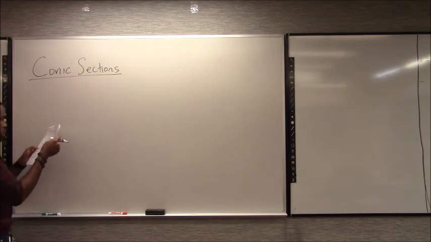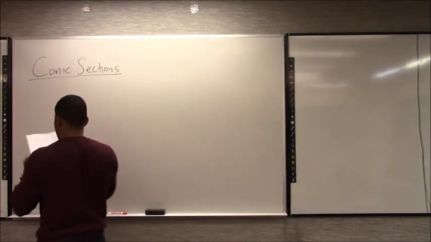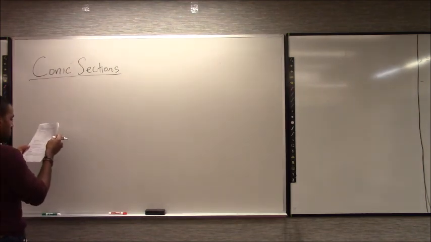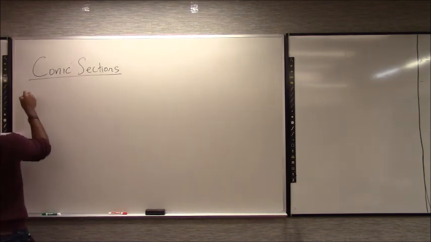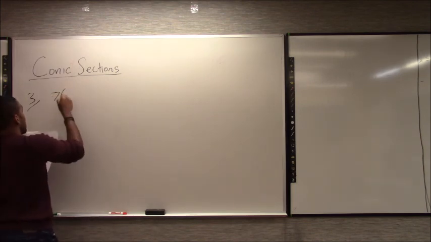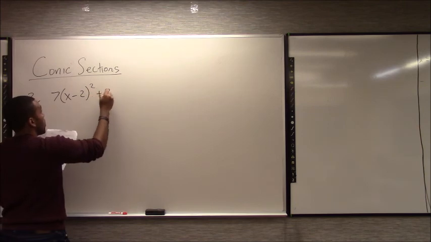Okay, so we did that problem where we had to identify and sketch the ellipse. Let's do the one where we have to... this one's not so bad, problem 3. They already kind of gave you it in squared form.